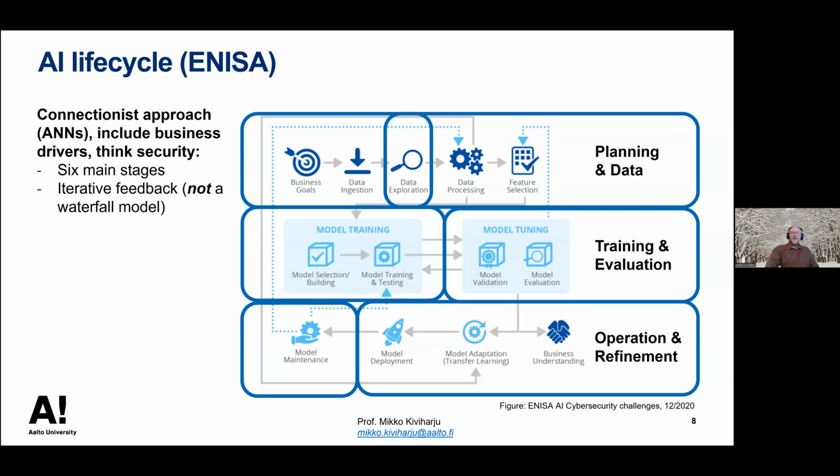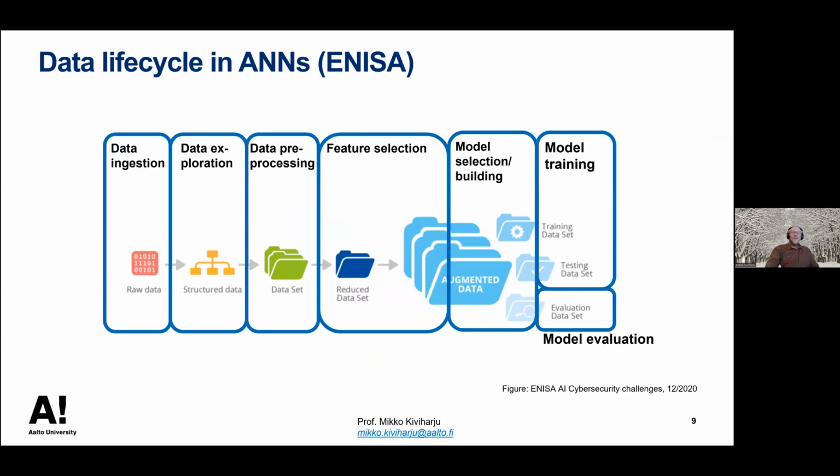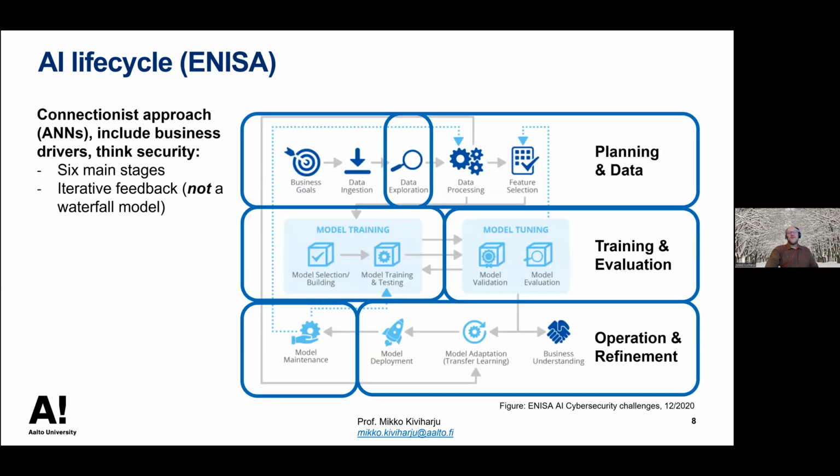Interesting thing is that if you look at the life cycle of an AI system, the planning and data forms the first part. But then if you look at the data lifecycle, most parts of the data lifecycle are actually happening here in the first phase.